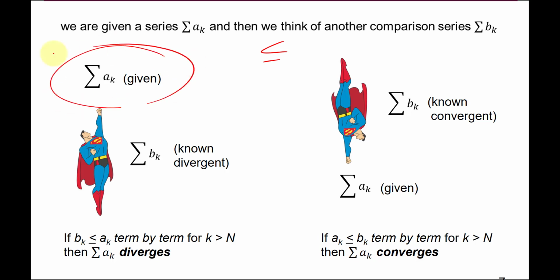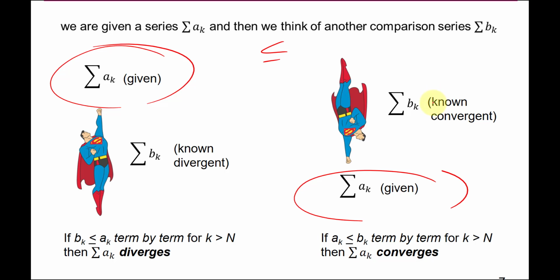So it's like this is the given series, and I have to kind of come up with some, Superman, some hero to come in that I know what it does. It diverges. If it diverges, then it has to be underneath the given one and push it up, right? And this would be the series that was given, and I have to think of some convergent series.